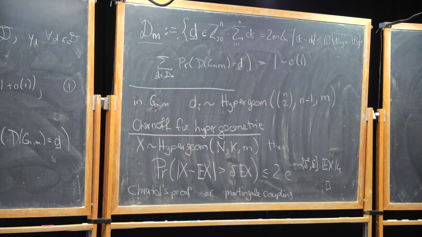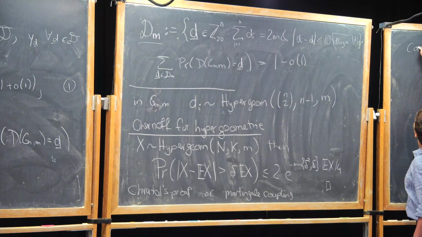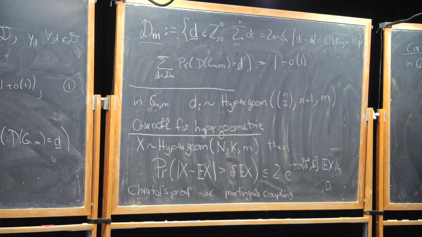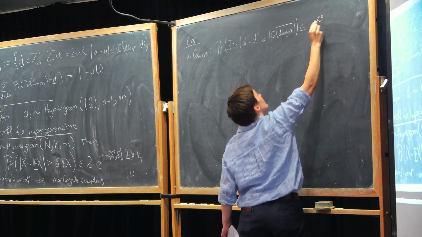But the important corollary that we get from this, let me just write the corollary, is that in G(n,m), the probability that there exists a vertex i such that d_i deviates from d by more than 10 times root d log n is at most n to the minus 23.